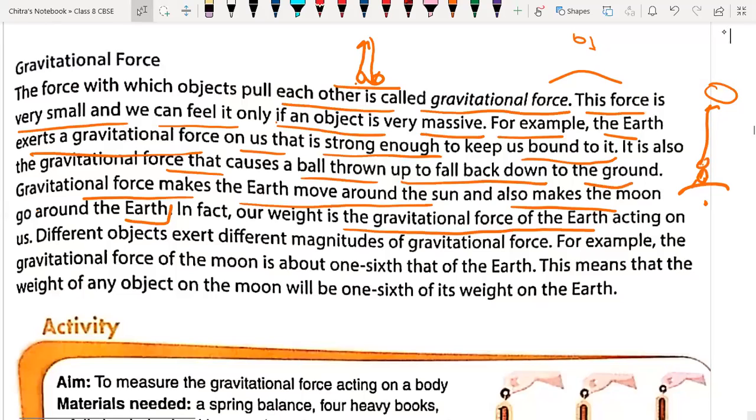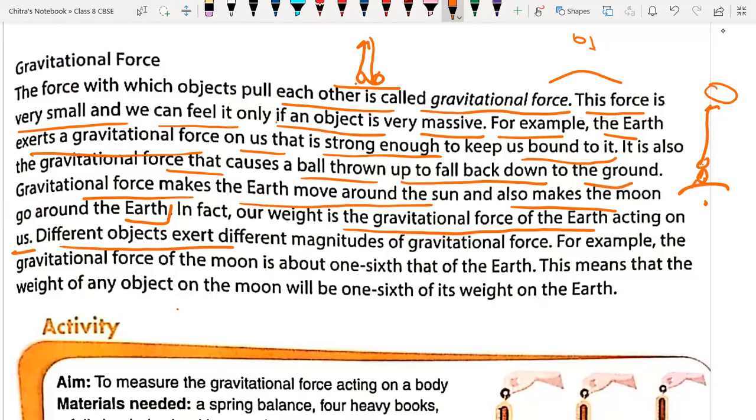In fact, our weight is the gravitational force of the earth acting on us. So suppose we are on the earth, whatever weight we have is nothing but the gravitational force acting on us.